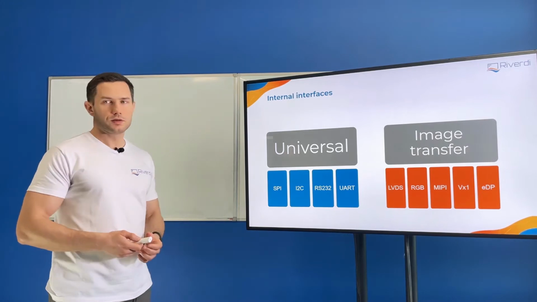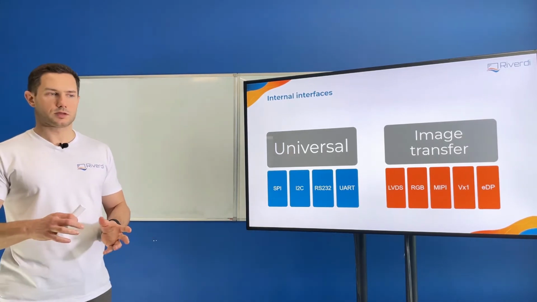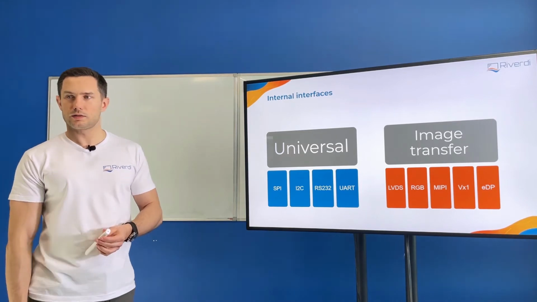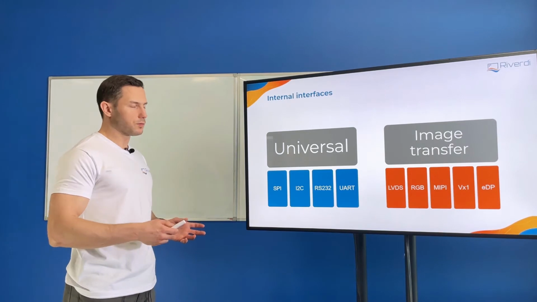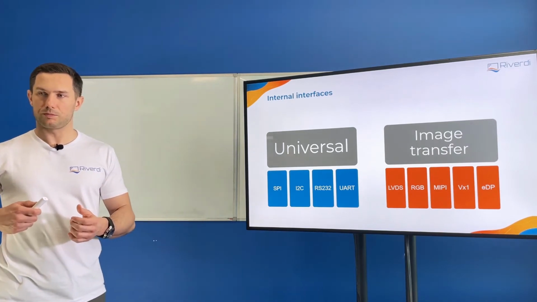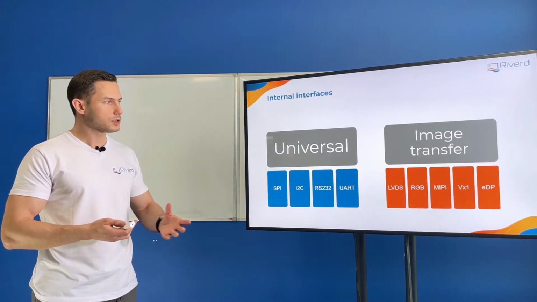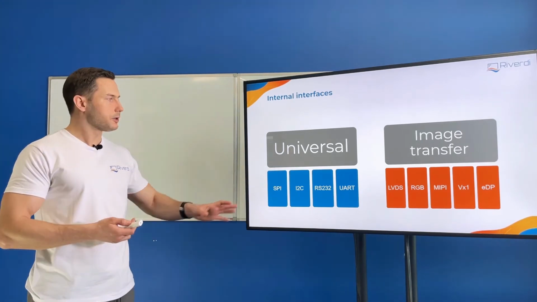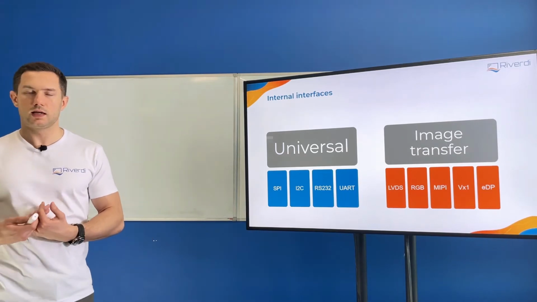Because they are universal, they are usually not perfect for image transfer, because in most of the displays that we use nowadays, the image transfer is one of the most demanding. The bit rate for the image is usually very high, higher than many universal interfaces can give us.